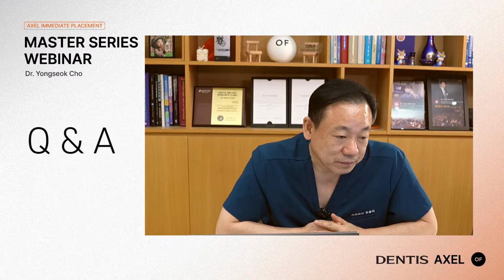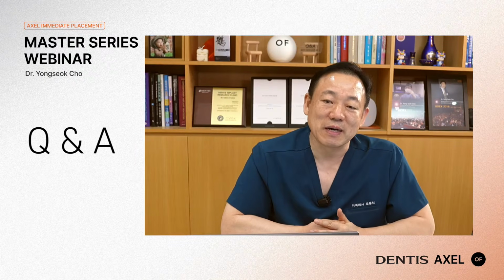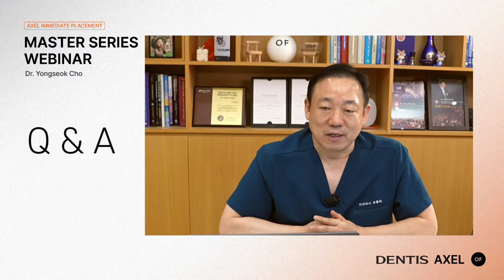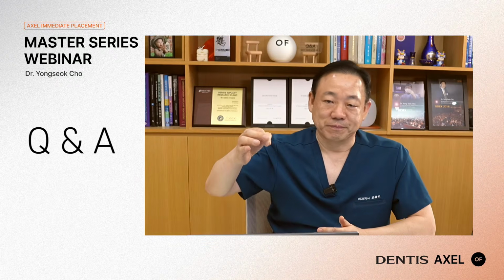Okay, one question is that it is difficult to get primary stability. If you are a beginner, yes, it is not always possible, because you didn't prep the osteotomy exactly.